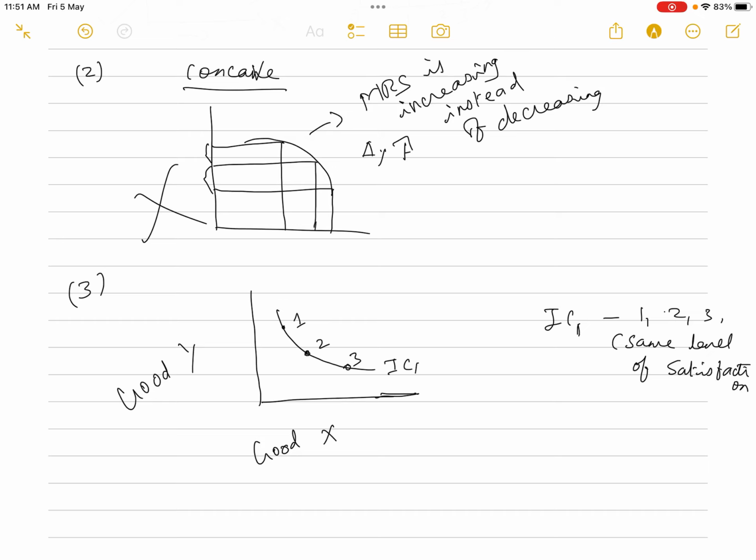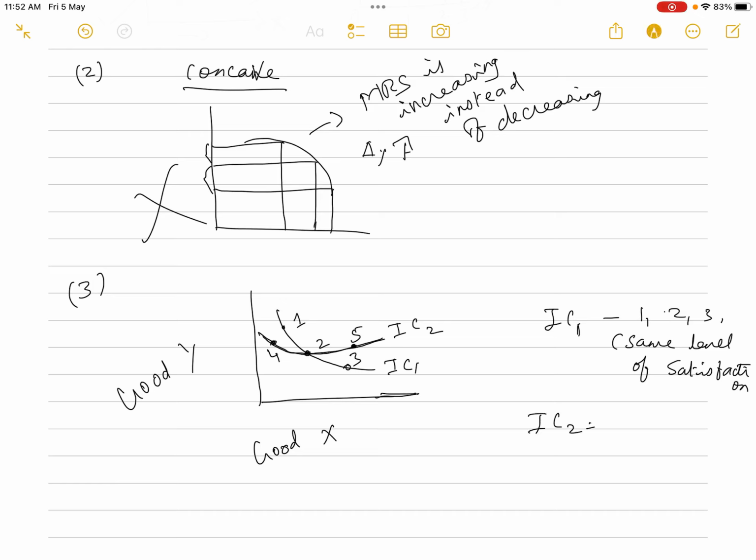This is IC1. Suppose let us have IC2. So I am drawing another IC curve where both the IC curves are intersecting. Let me mark it as IC2. Now there are combinations on IC2 also. Let me mark this as 4. 2 is already there, and let me mark one more, 5. Now what are all the combinations we are finding on IC2?